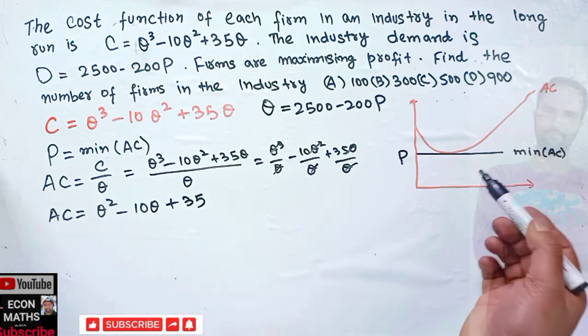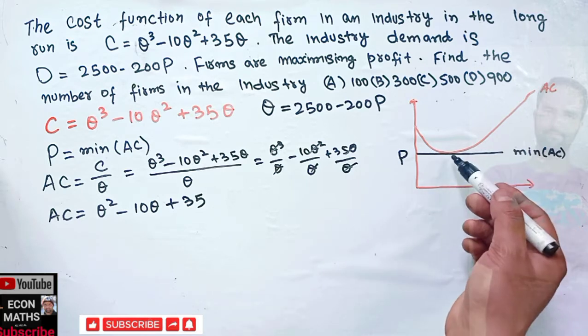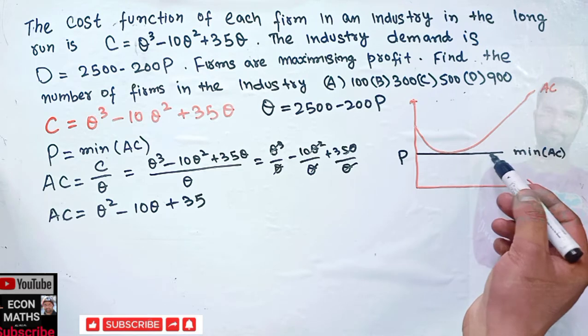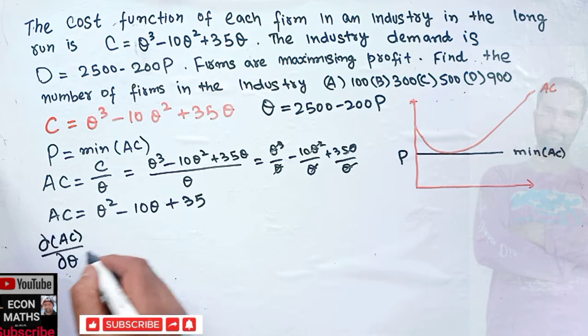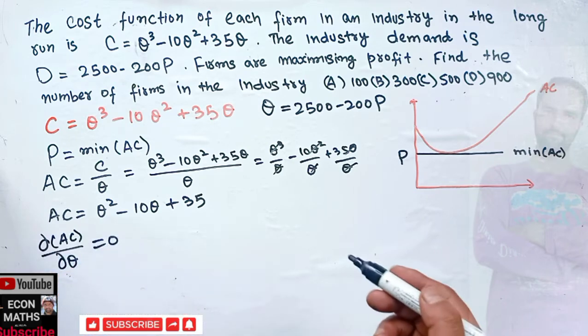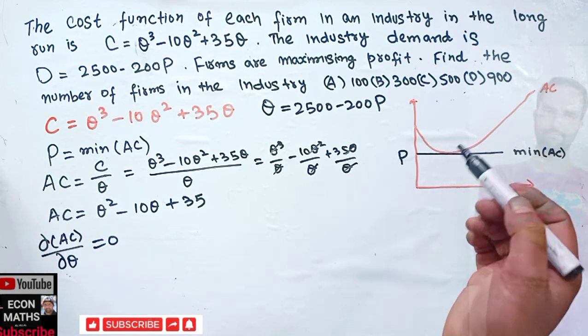Now to find the minimum of average cost, we want to find the minimum point. That is simply done by taking the derivative of average cost with respect to quantity and setting it equal to 0, which will give us the minimum point.